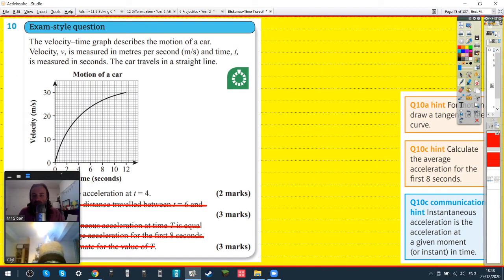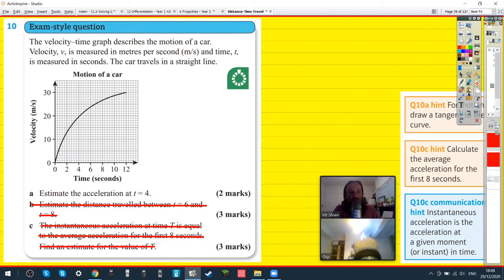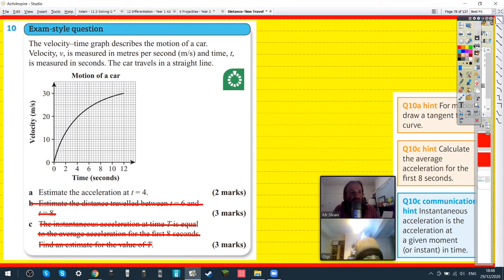Let's just do an exam question. How do we do this? Acceleration at T4. Would it be a 5? Not sure. You would have to sketch a tangent. Oh, alright.